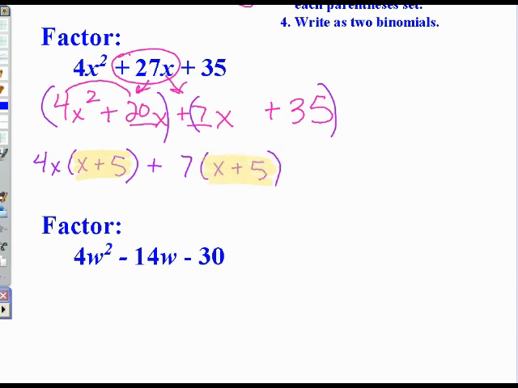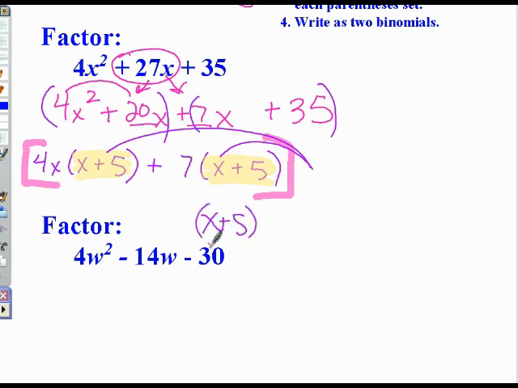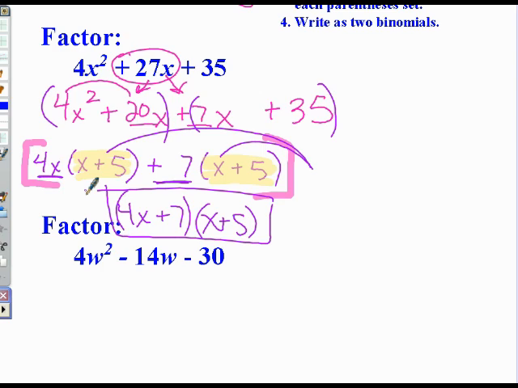So now we're going to make a huge group, and we are going to use distributive property backwards to pull out that common binomial factor, x plus 5, which leaves behind 4x plus 7. So factoring that trinomial, you would get the quantity 4x plus 7 times the quantity x plus 5. Let's look at the last one.